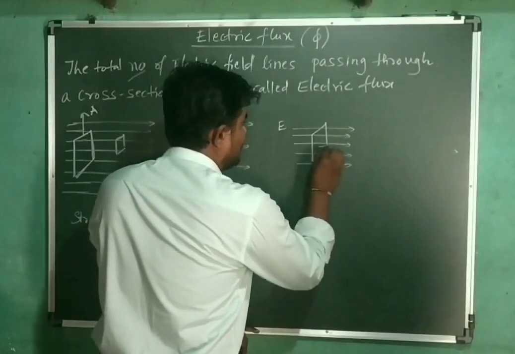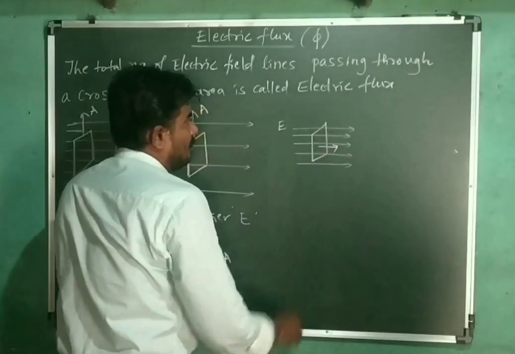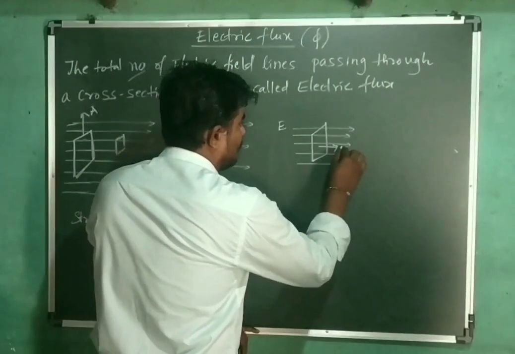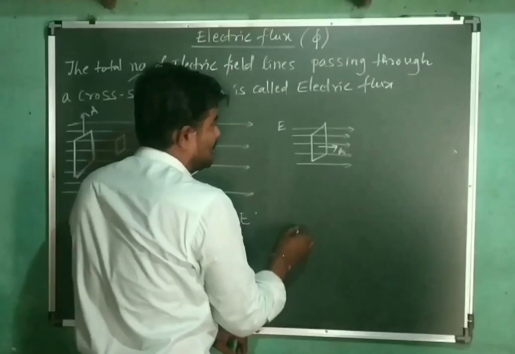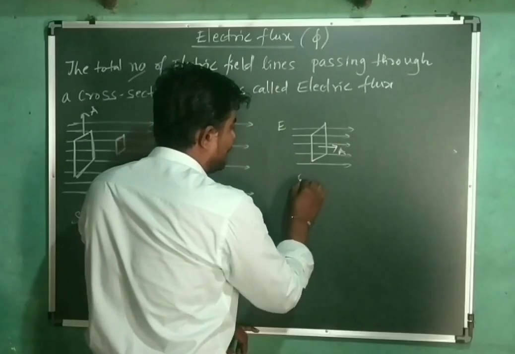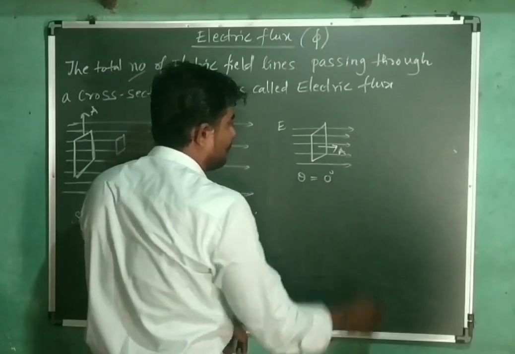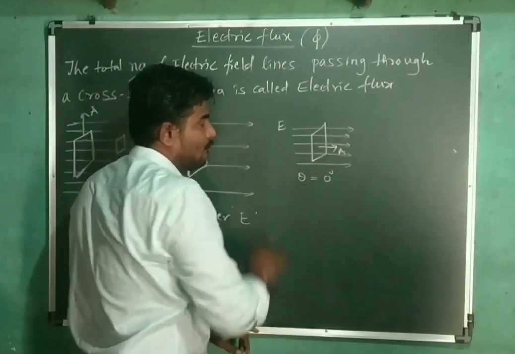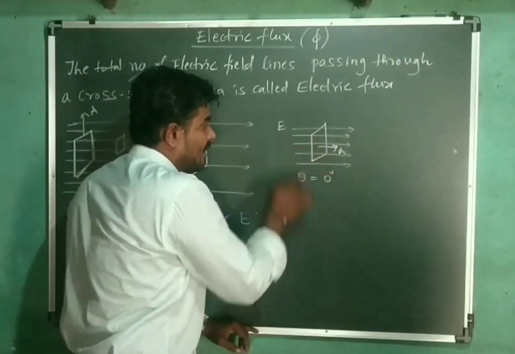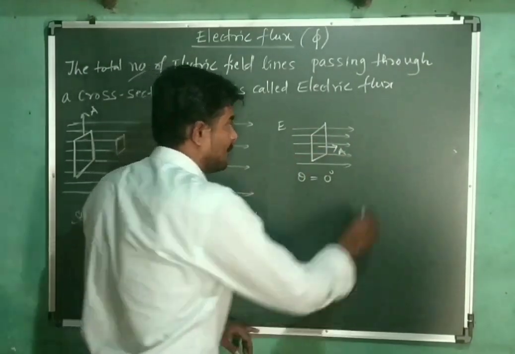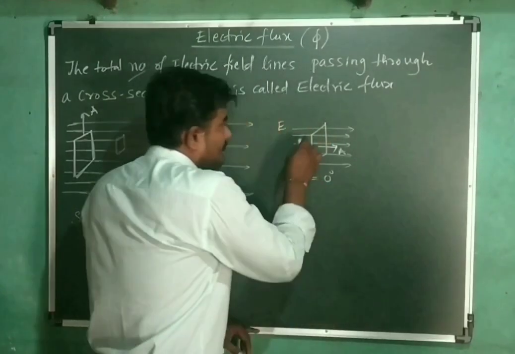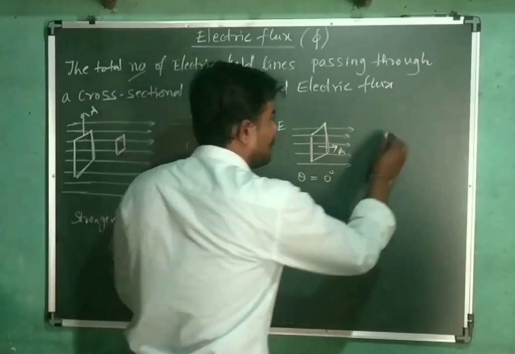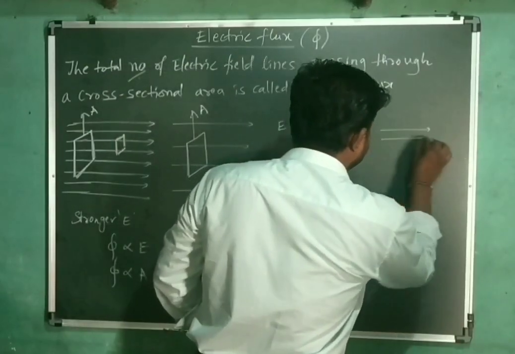This is the area vector. This is electric field and this is area vector. How much is the angle between E and A? It is theta equal to 0 degree. This plane is perpendicular to the electric field, but area vector and electric field are at 0 degree. Therefore the maximum number of electric field lines are linking here.